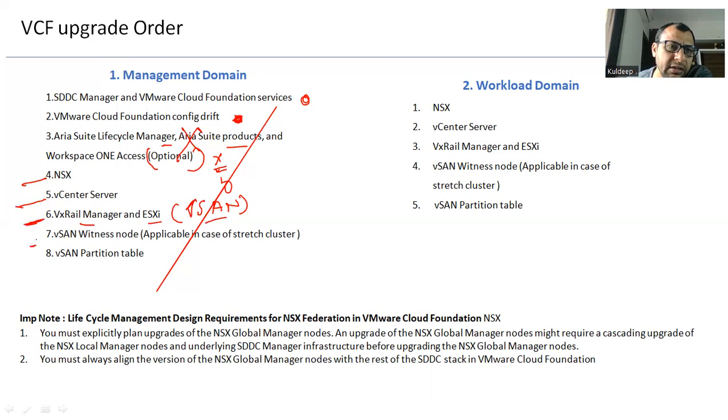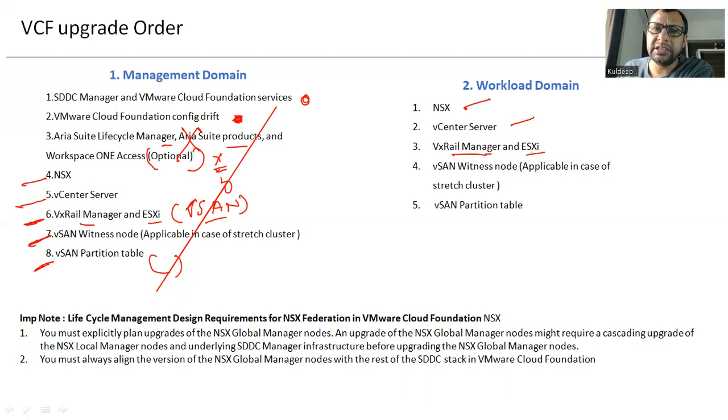Then vSAN witness appliances, if you are using a stretch cluster environment, the multi-site deployment of the stretch cluster, then the vSAN partition table. You have to upgrade locally: go to the individual cluster and just update the vSAN partition table. Again, if you move to the workload domain, first you have to upgrade the NSX, vCenter, your VxRail Manager and ESXi if you are using VxRail in the environment.